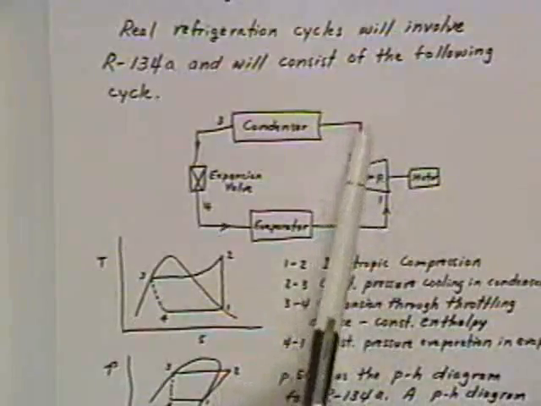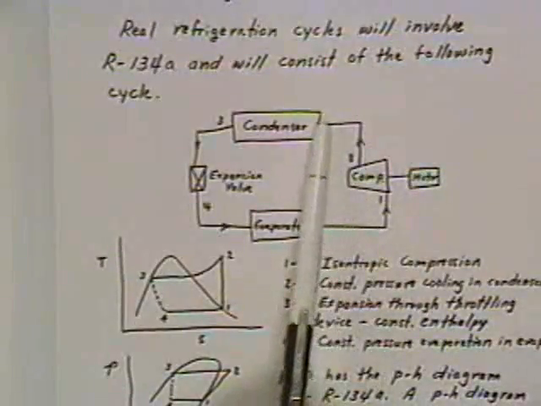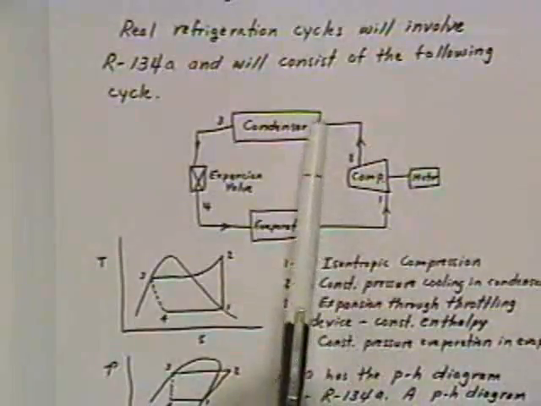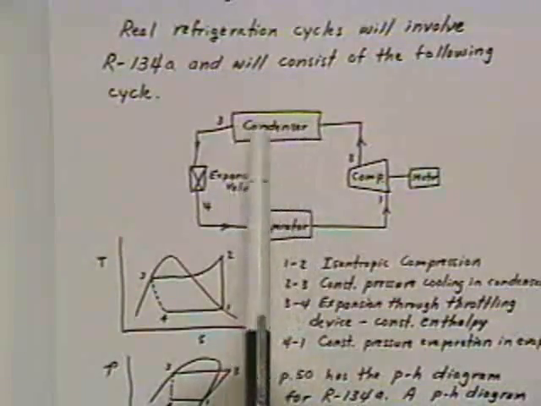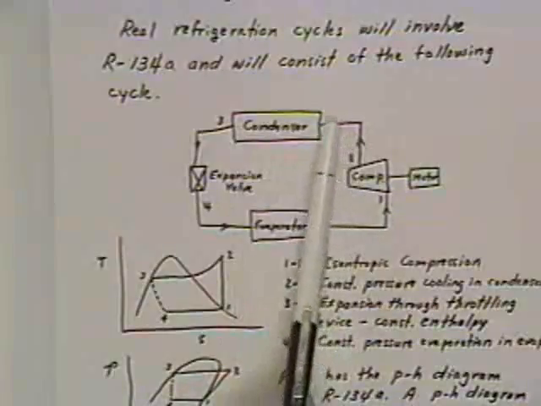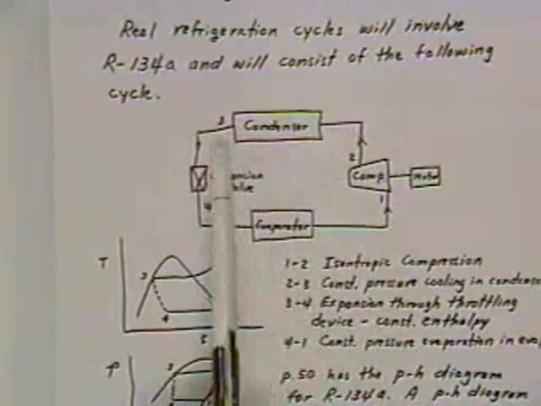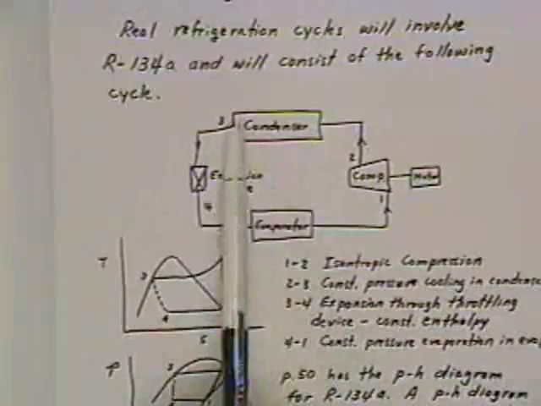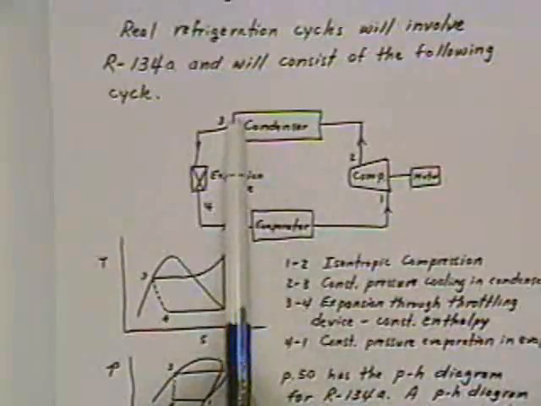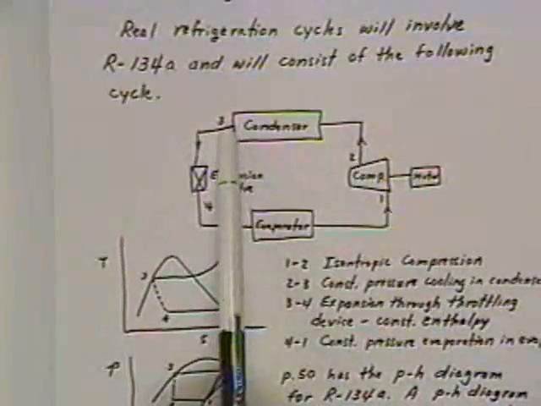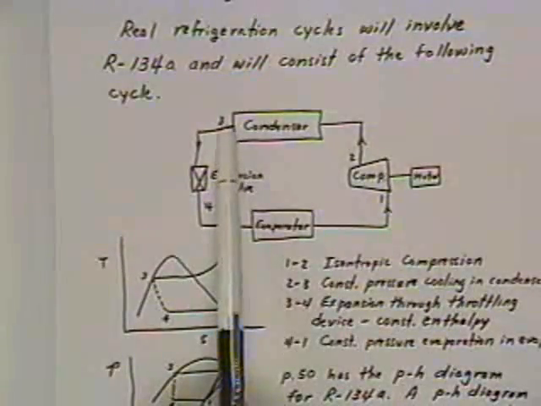The refrigerant leaves the compressor and enters the condenser, where it is condensed to a liquid, and the condenser operation is from 2 to 3. The refrigerant now is either a liquid or saturated liquid, or in real life generally somewhat subcooled.